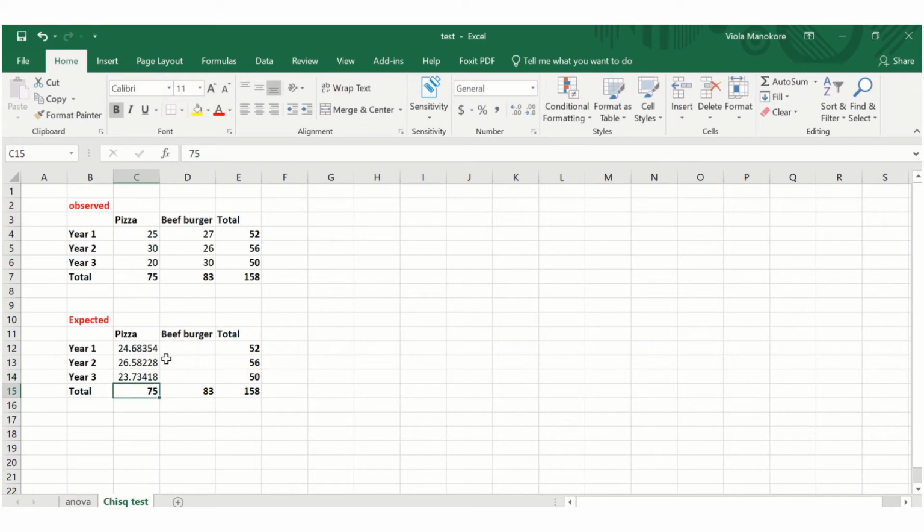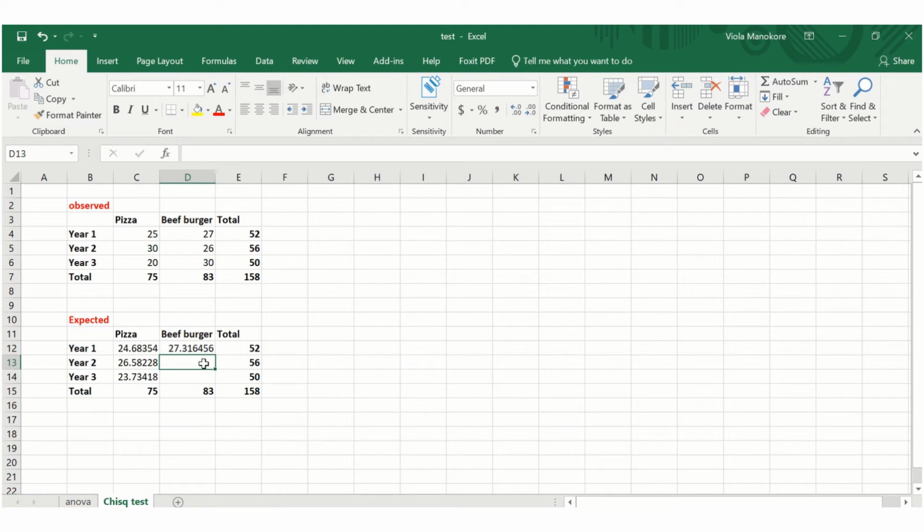Enter. So it gives me values. Here again I do the same. This is equal to my column total multiplied by the row total divided by the grand total.